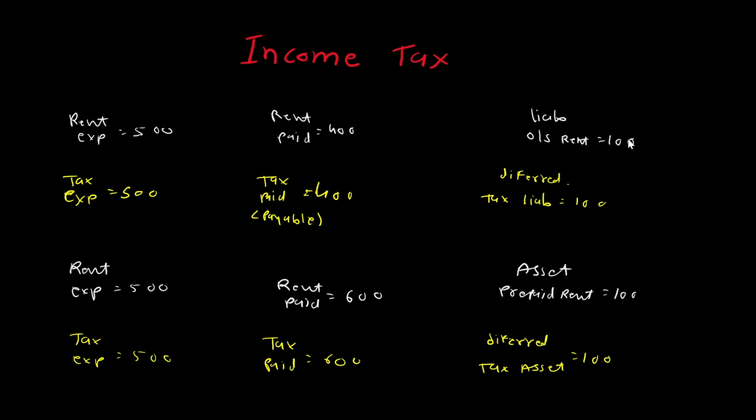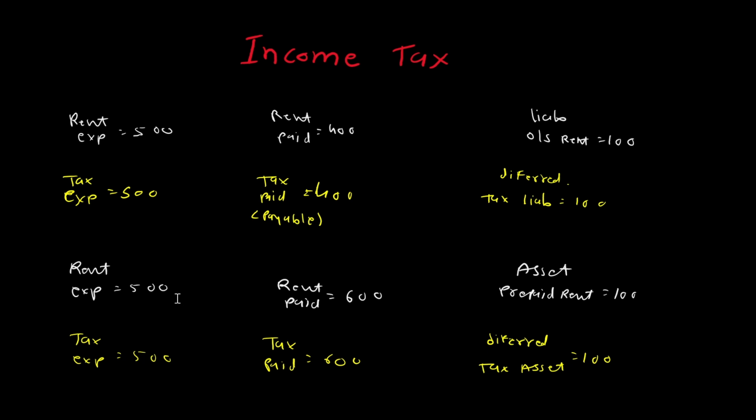So the difference will be my future liability to be paid. In a similar way, if I show tax expense of 500 and tax paid of only 400 (tax paid is also called tax payable in other books we will discuss), the difference is called a deferred tax liability of 100.